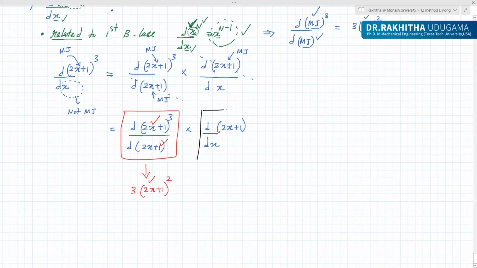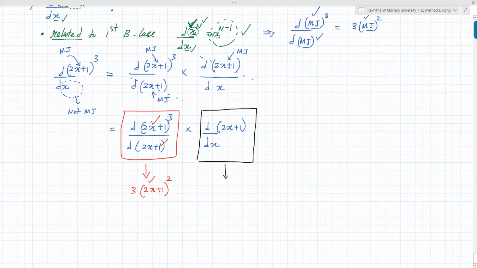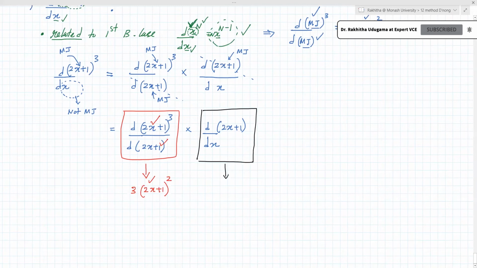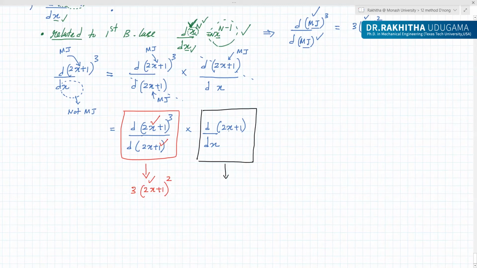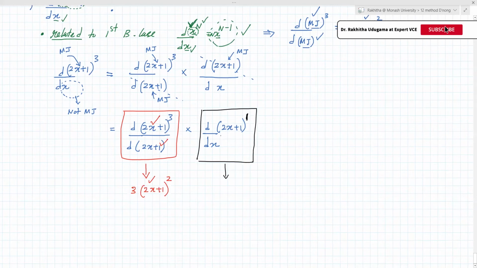Let's think about this part now. What about this part? Is that just 2? Now here again, what base case is involved here? You have to use base case number 1, right?